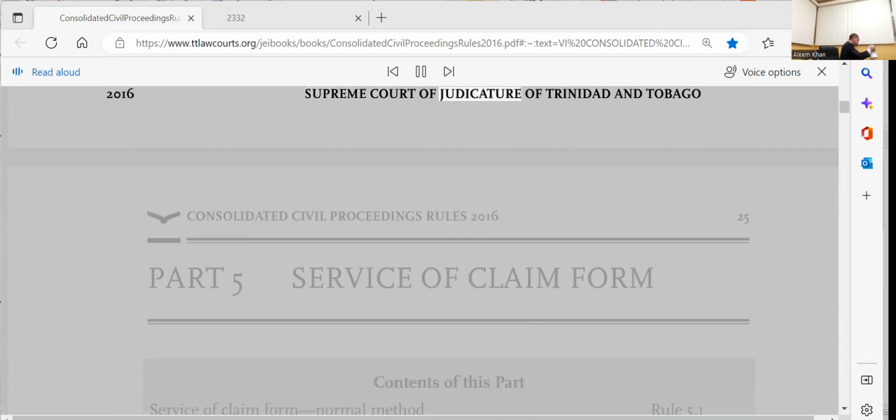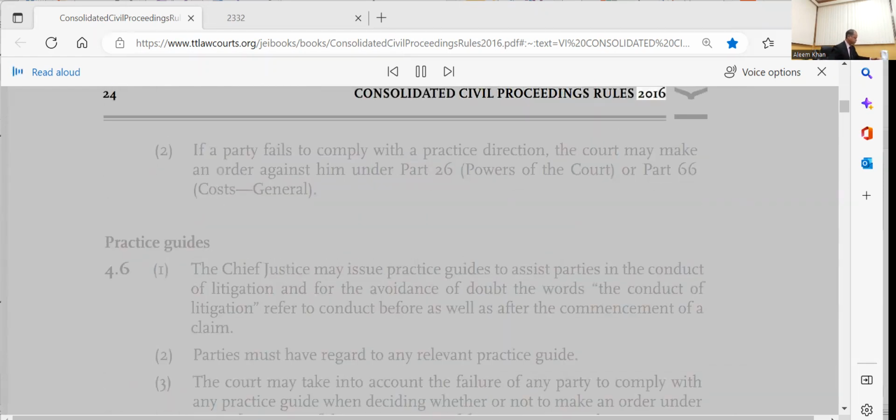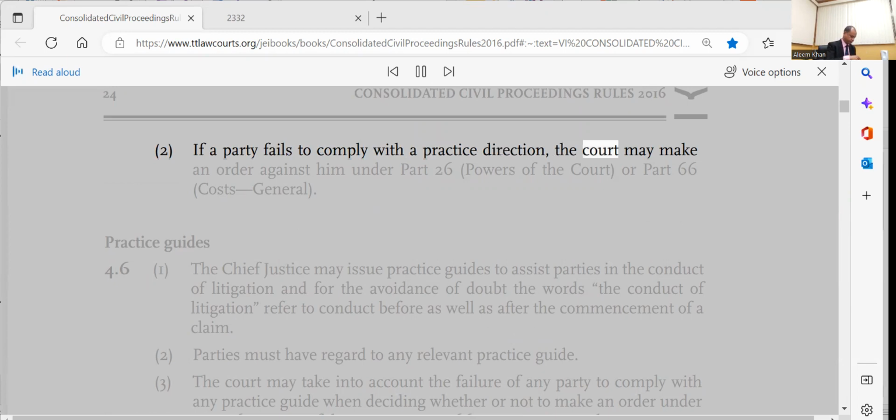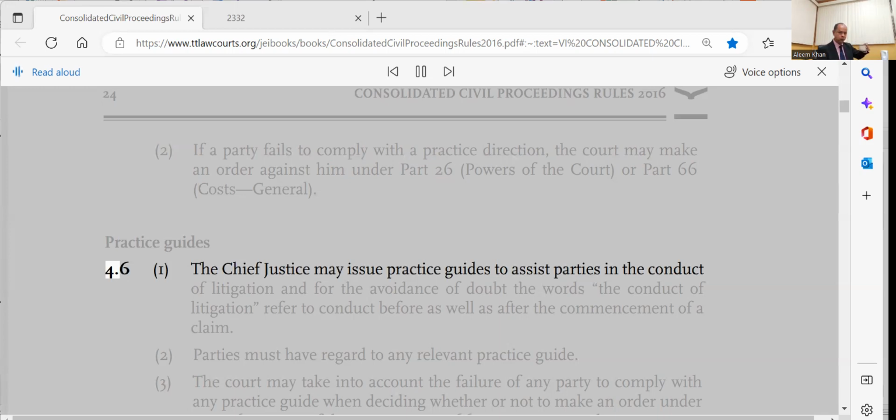2016 Supreme Court of Judicature of Trinidad and Tobago. 24 Consolidated Civil Proceedings Rules 2016. 2. If a party fails to comply with a practice direction, the court may make an order against him under Part 26, Powers of the Court, or Part 66, Costs General. Practice Guides. 4.6 1.